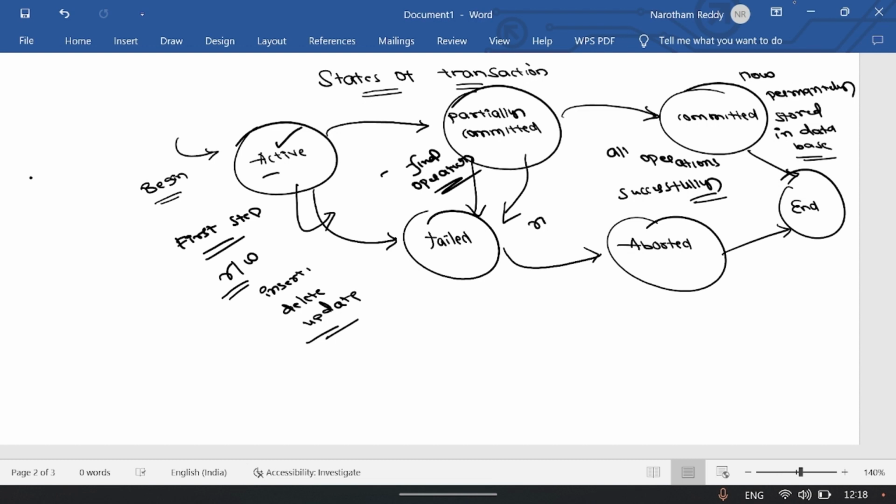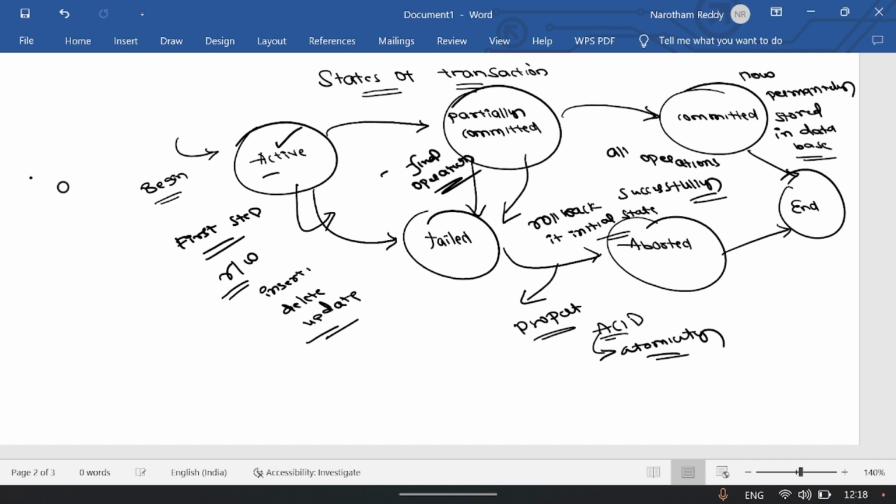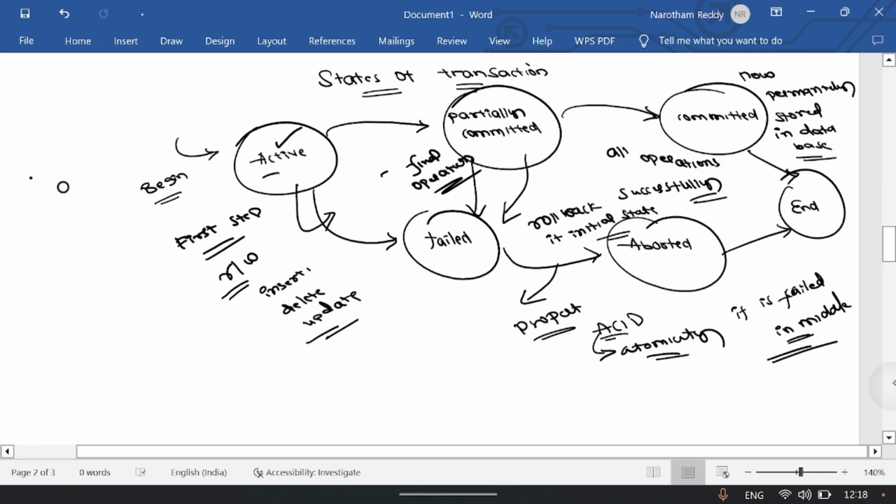After the failed state, it rolls back to the initial state. From the ACID properties, in atomicity, if the transaction fails in the middle, it rolls back to the initial state, and at last it terminates.